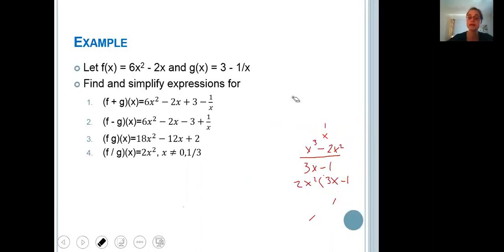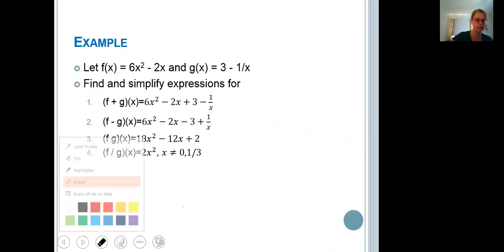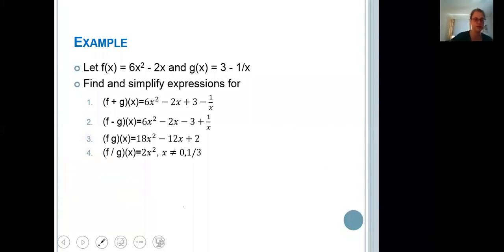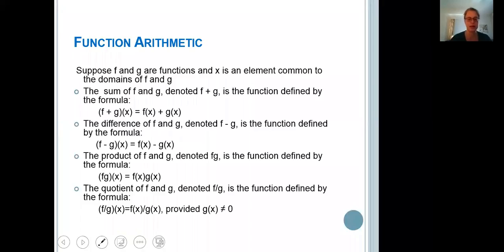We're getting there. Okay. So you need to know how to do this stuff that I did here. And in order to know how to do that, you need to know these translations. Okay?